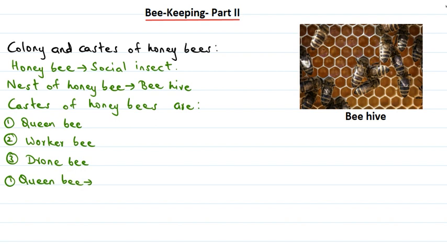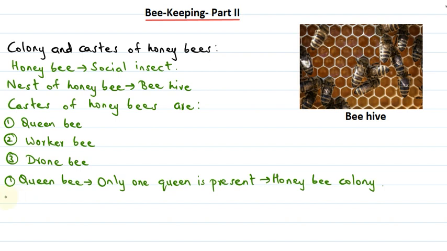There is always only one queen in a honeybee colony. These queens are fertile females.